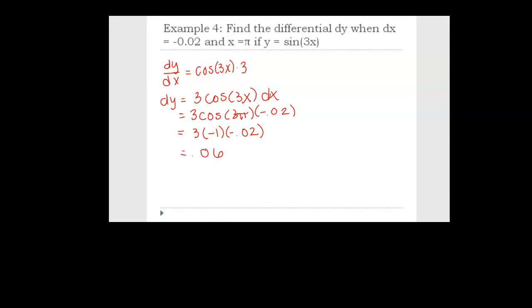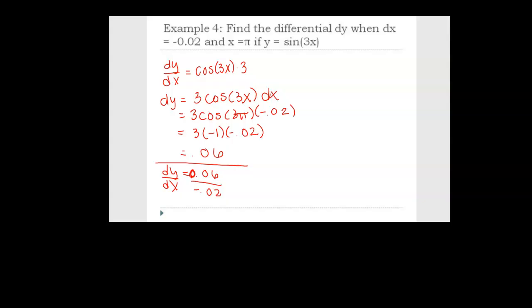So again, what that represents is the change in y with respect to the change in x. So dy is 0.06, dx is negative 0.02. So what that means is that as y increases by 0.06, x decreases by 0.02.